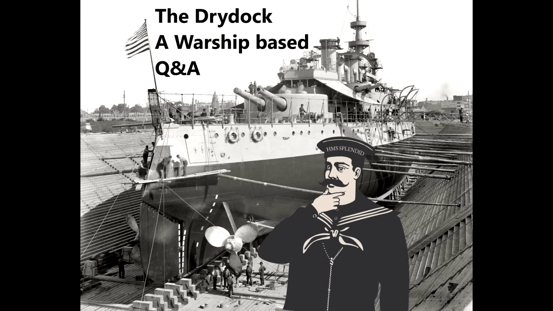One thing that I can confirm is that King George VI visited HMS Duke of York in 1945. In fact, he visited Duke of York several times and came aboard the ship.